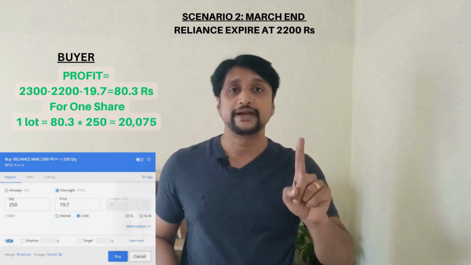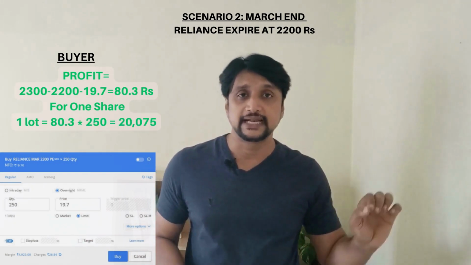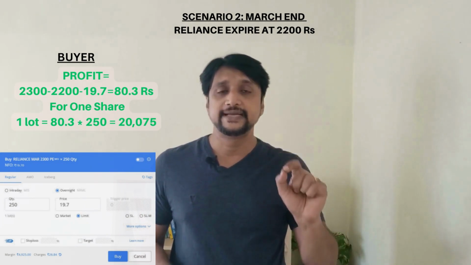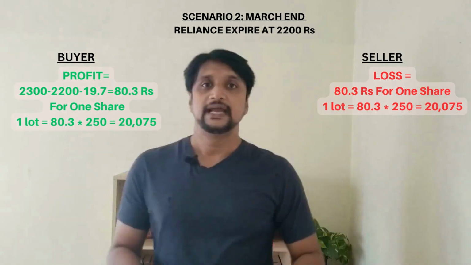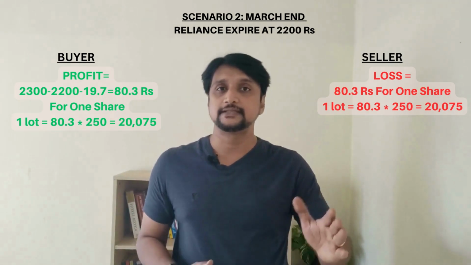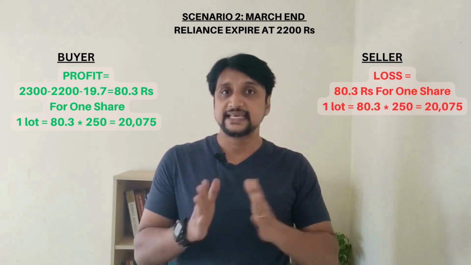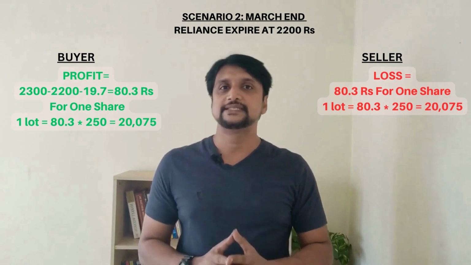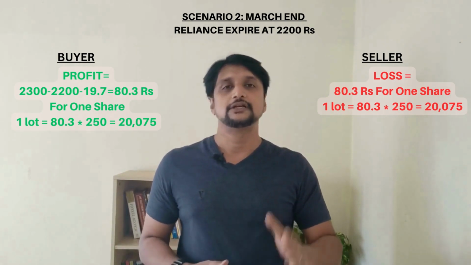Total profit for one lot, which is 250 shares of Reliance, is 80.3 into 250, which is 20,075 rupees. And this means the seller will lose the same amount of money, which is 20,075, as he is getting the Reliance shares at 2,300 rupees, which are actually available in the market for 2,200 rupees. But if the price of Reliance were at 2,000 by March end, then the buyer will have more profits and the seller's loss would have been much more.